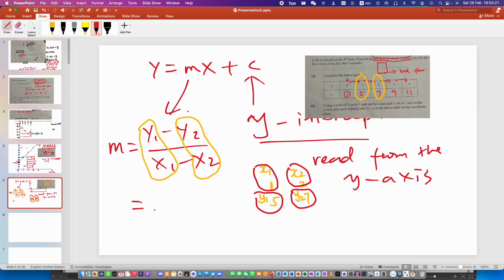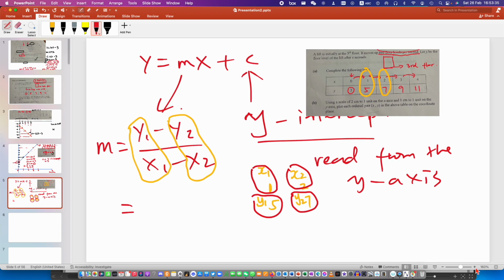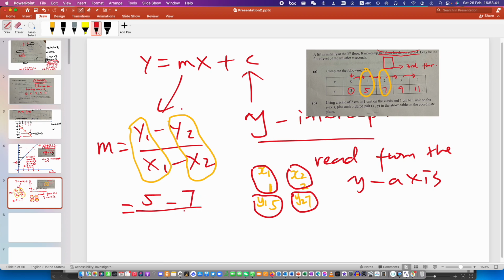So what's your y1? y1 is 5. Minus, what's your y2? 7. What's your x1? 1.